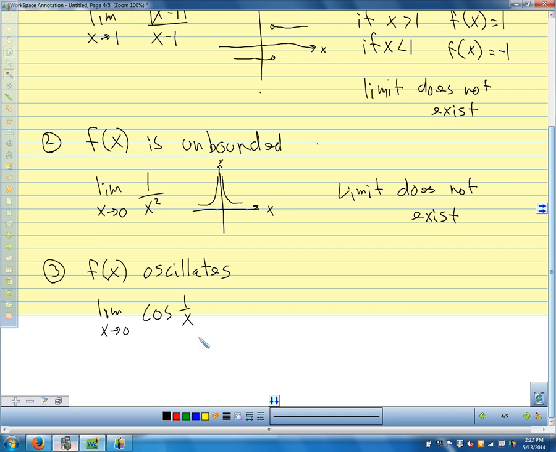As x approaches 0, the graph of this function, kind of an interesting graph, looks like this, and then it gets all these oscillations in here, and then it will come down like so. So as x gets really, really close to 0, it oscillates back and forth, back and forth, between positive and negative 1.